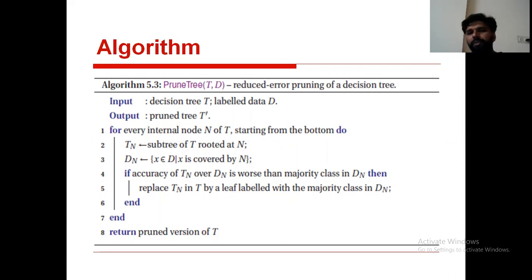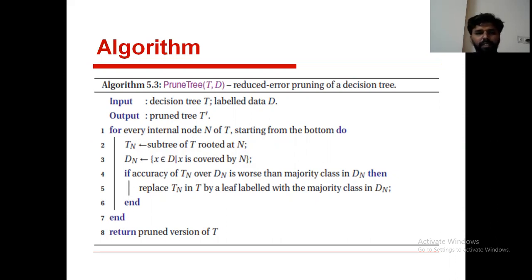For every internal node n, where n indicates an internal node belonging to the tree, the tree is represented by T, the internal node is represented by n, and the pruned tree is represented by T'. And we are doing this starting from the bottom. We are beginning at the bottom.